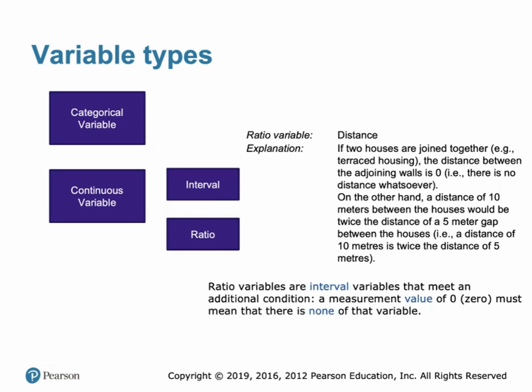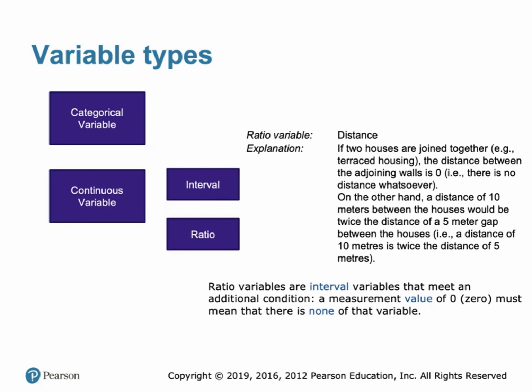So here is the ratio variable. Ratio variables and interval variables are similar, with an additional condition: the measurement value of 0 must mean that there is none of that variable. That's the ratio variable. So for example, distance. If two houses are joined together, the distance between the adjoining walls is 0. There is no distance whatsoever.